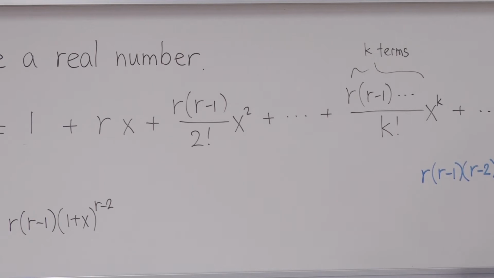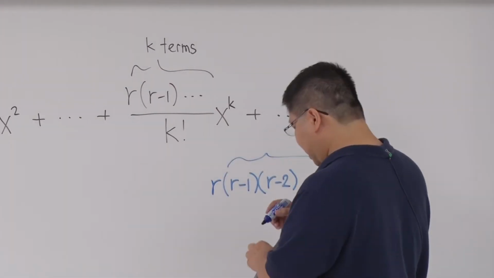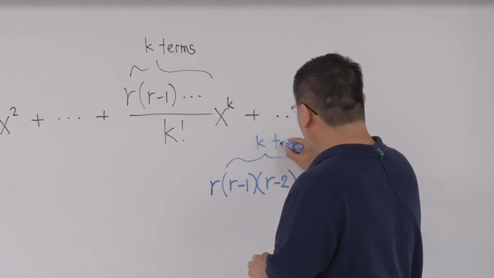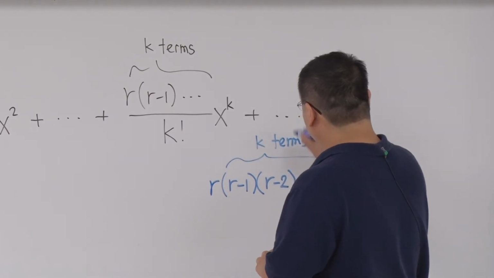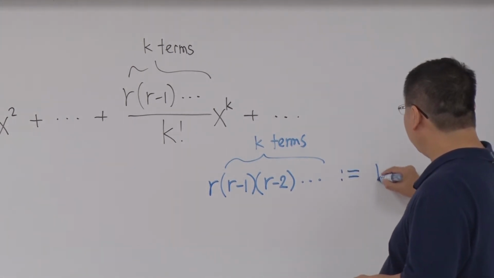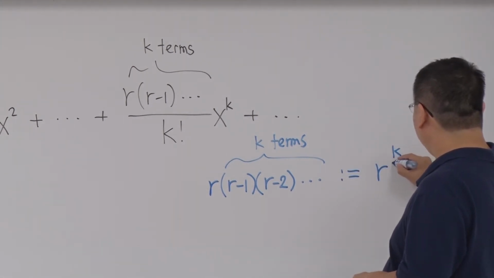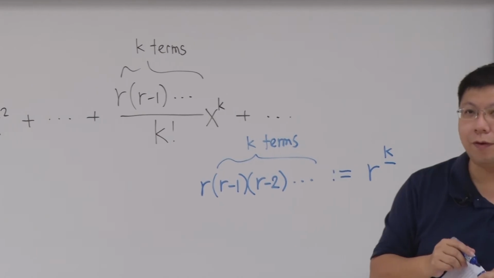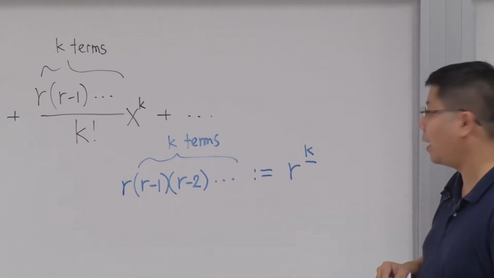Each term is 1 less than the previous term. And let's say there are k terms there. I will call this r to the power k falling. So this is called the falling function, the k falling power of r.